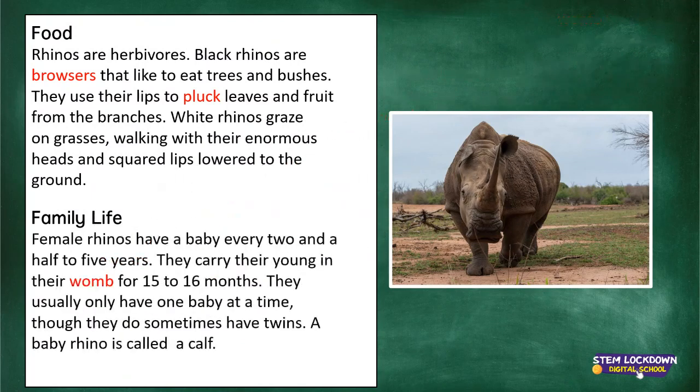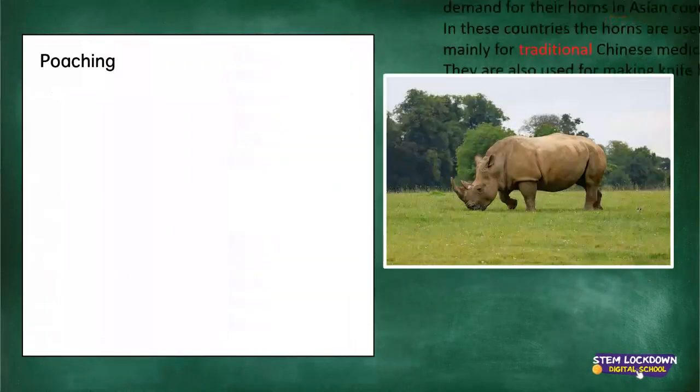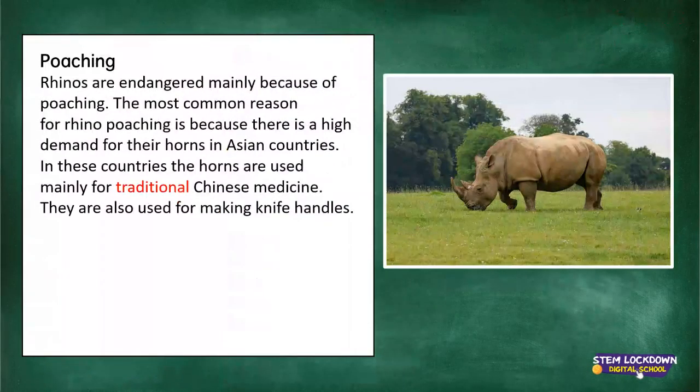Family life: they have a baby every 2.5 years is the topic sentence. The rest of the sentences all expand on that information. And the main idea is the family life. And then with poaching, they're endangered mainly because of poaching. It's a topic sentence, and the other sentences are all to do with that sentence, poaching.